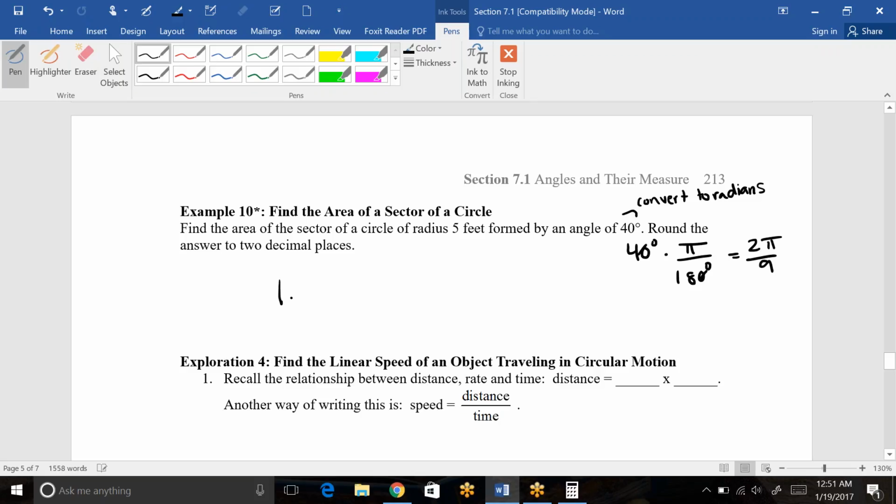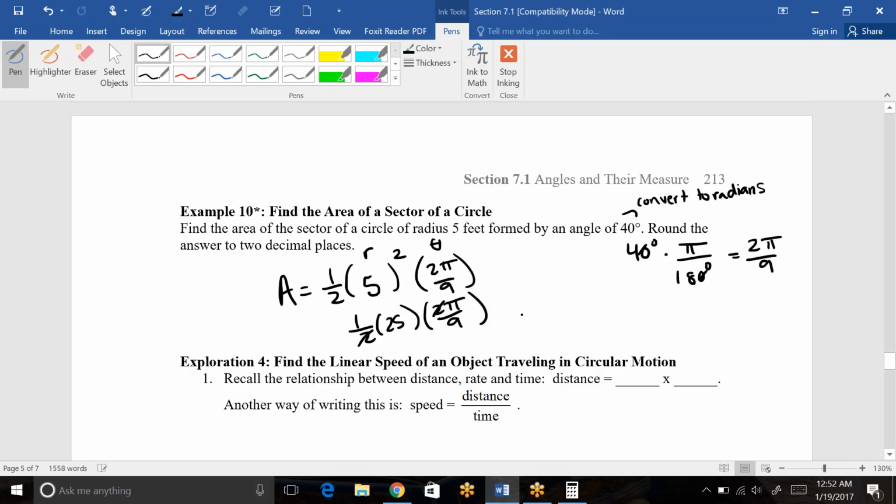My area then would be 1/2 the radius, so this is r squared, times theta in radians. So I have 5 squared and 2 pi over 9. 5 squared is 25. The 2 on the bottom is going to cancel with that 2 on the top.